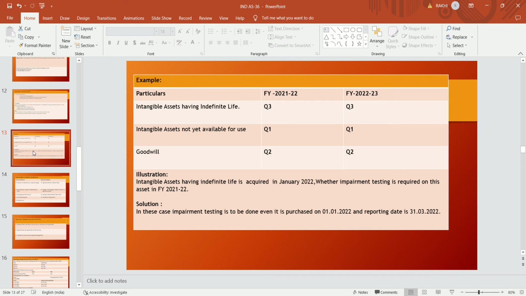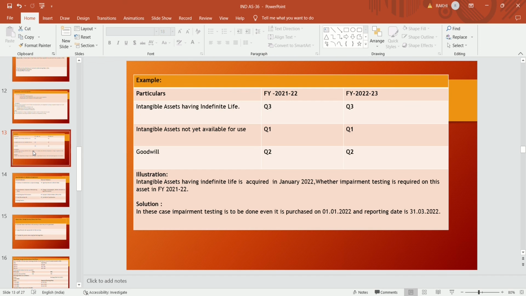The intangible asset not available for use is to be tested in quarter 1, and in the next year also in quarter 1. The goodwill is tested the first year in quarter 2, and the next year it will be tested in quarter 2 only. So consistency should be maintained for testing these three assets.